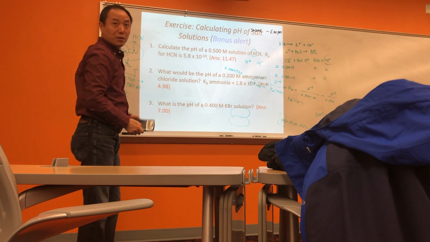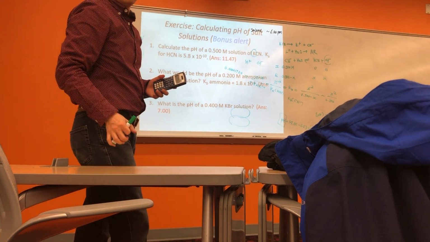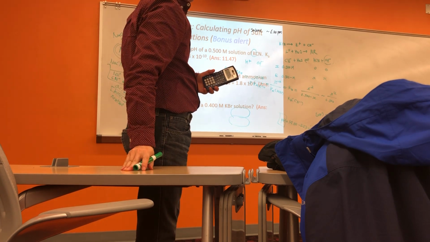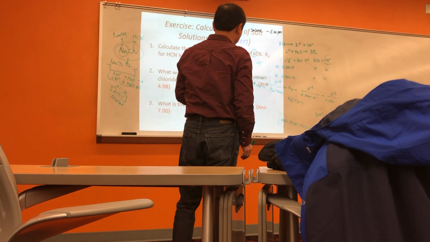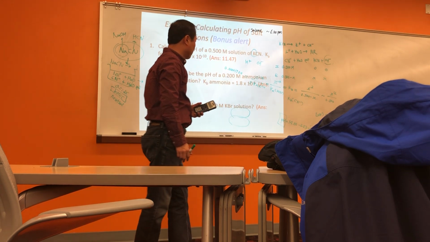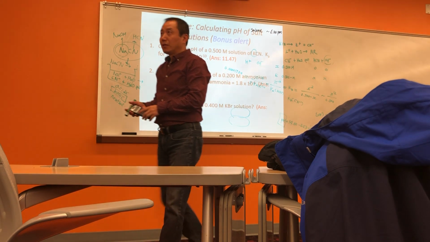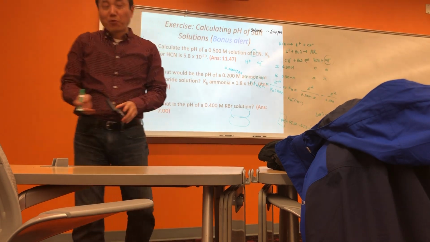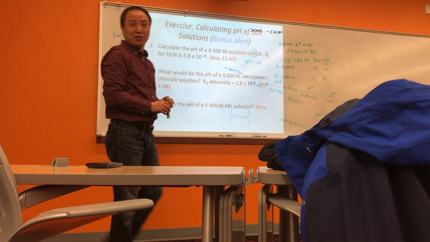Can I ask a clarifying question on that? Yeah. So last semester in Chem 1, they told us not to use constants like Ka and Kb to determine sig figs. Is that different in this class? So actually, whatever we measure, there will be sig figs. Who was the instructor at the time?